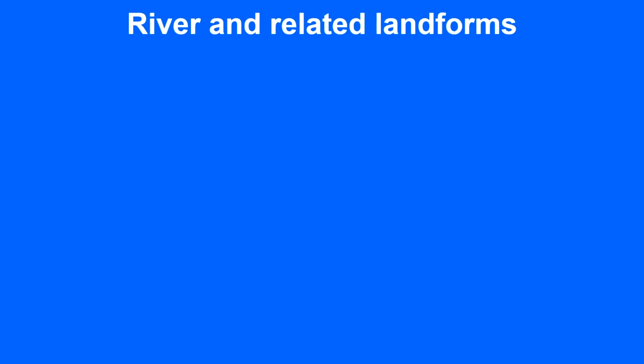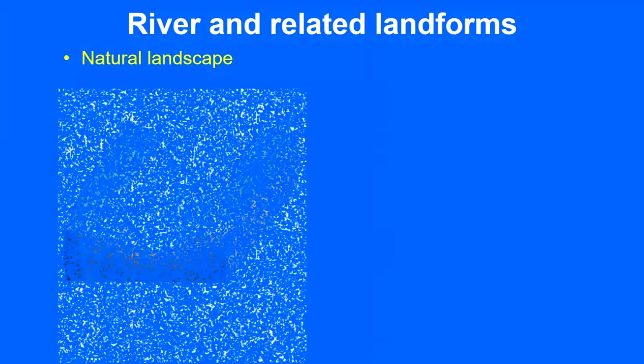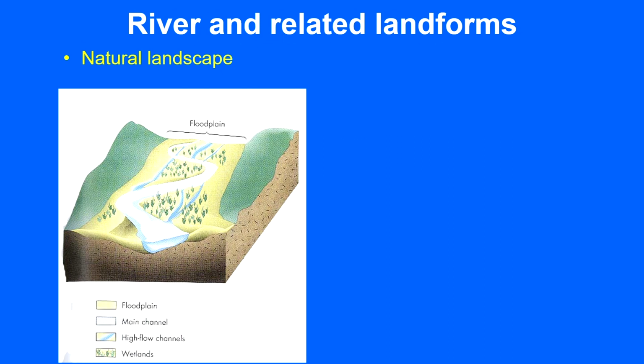Now, river and river related landforms. As we have discussed in the beginning, we were talking about the levees also. Naturally the levees will be, as I have discussed in the beginning also, slightly sloping away from the main channel. Okay. So, it will have the slope on this side.